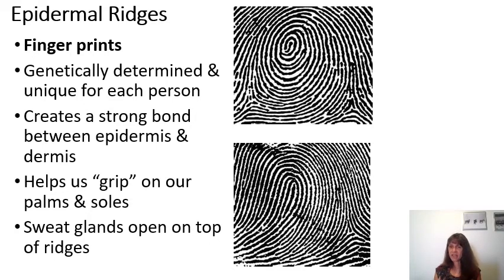They are genetically determined, therefore are unique for each and every person. Because we have these ridges on the surface of our skin, our fingerprints, those ridges help us grip with our fingers as well as our toes. And there are sweat glands that will actually open up on the tops of the ridges.